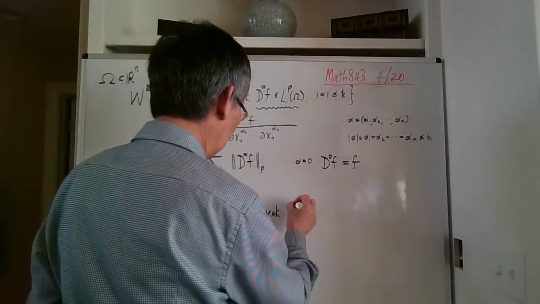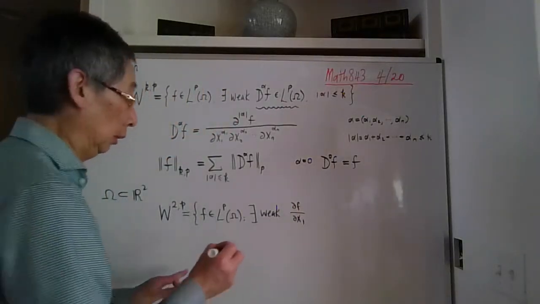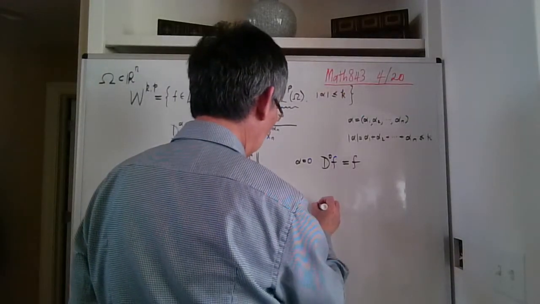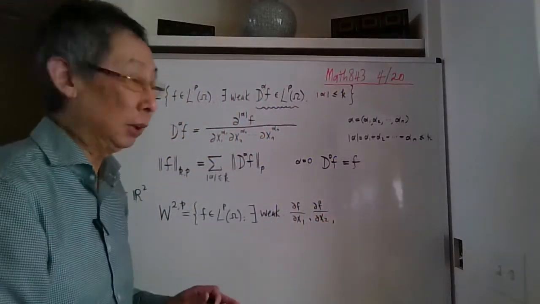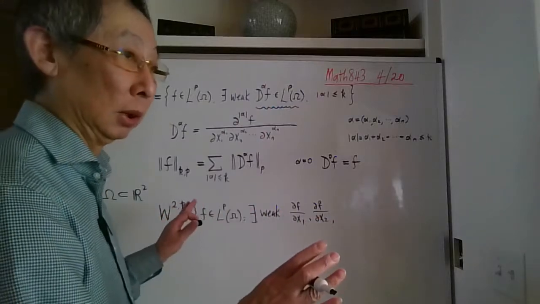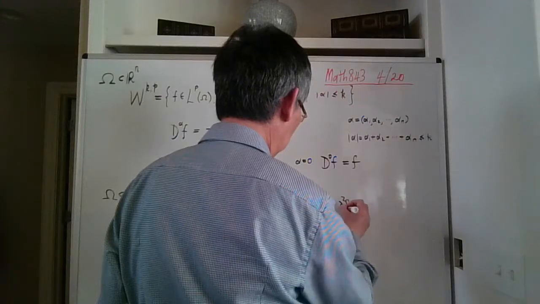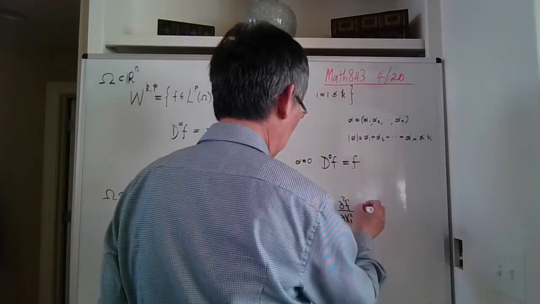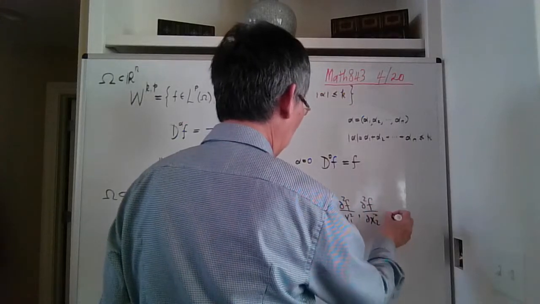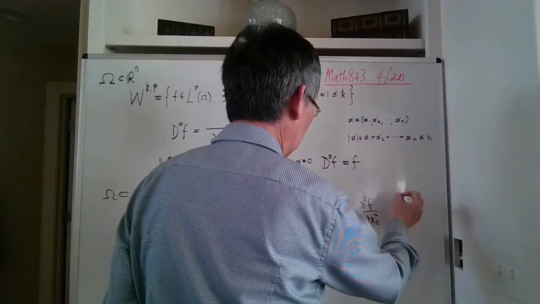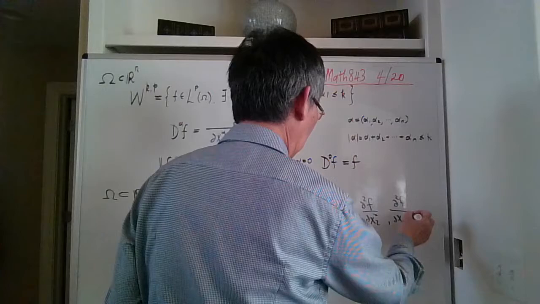So this is df/dx_1, one of the first order partial derivatives, and then df/dx_2 should also be included. You have to include all the partial derivatives, including the mixed type. Then for second order, that's d^2 f/dx_1^2, then d^2 f/dx_2^2, and then the mixed derivative d^2 f/(dx_1 dx_2).